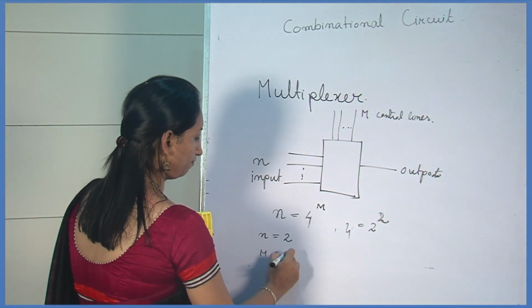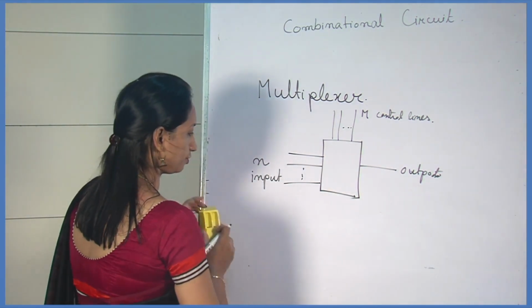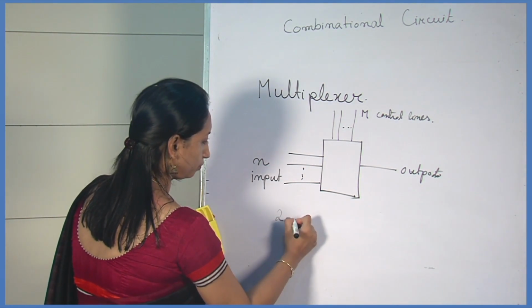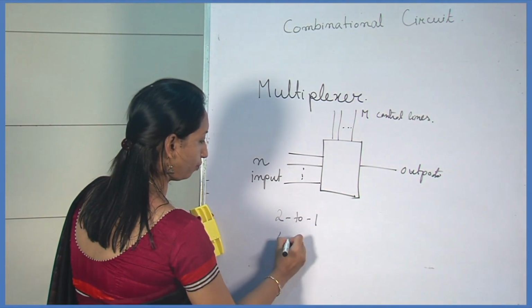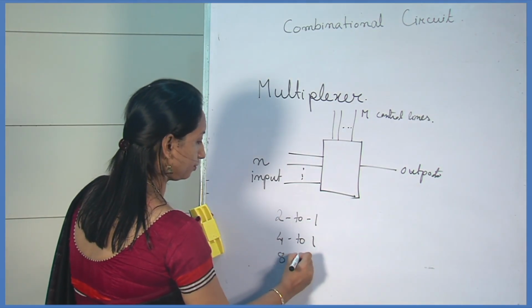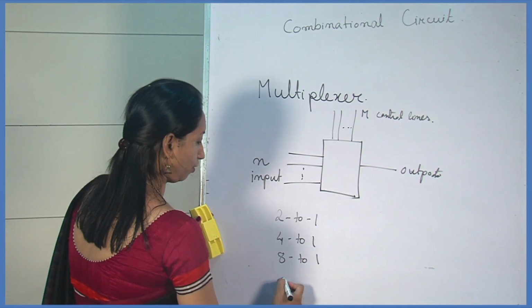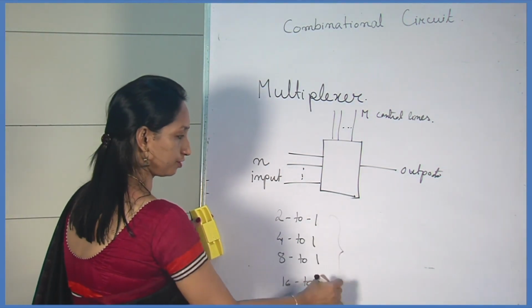Similarly, some examples of multiplexers are the 2 to 1 multiplexer, 4 to 1 multiplexer, 8 to 1, or 16 to 1 multiplexers.